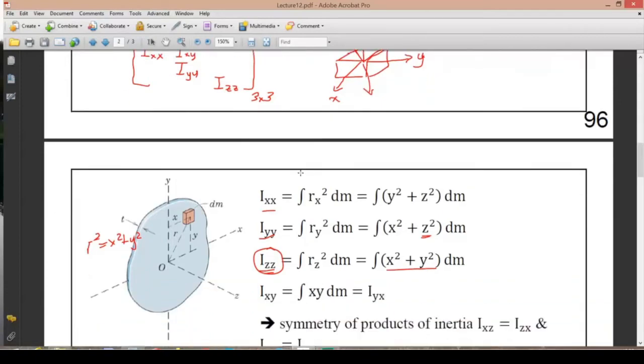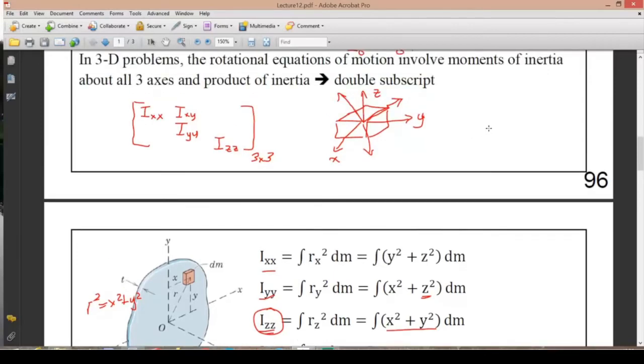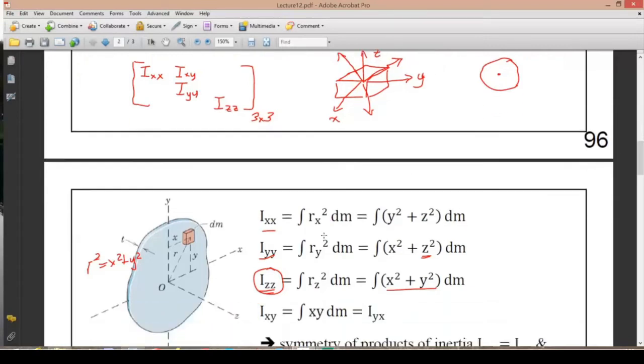But for a sphere, it's going to be the same. However you define that, as long as you are within the mass center, you're going to end up with the same mass moment of inertia. In that case, all the off-diagonal elements become zero, and then the diagonal elements become equal to each other because it's the same distance information.